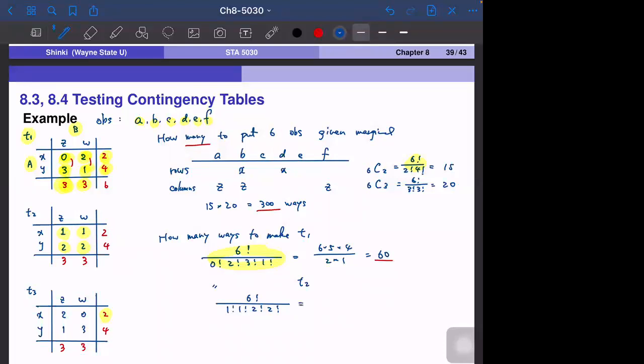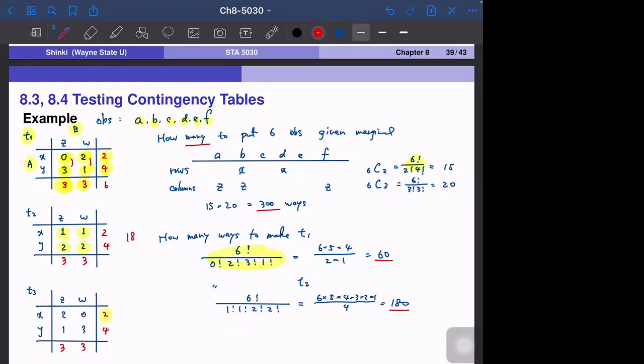So this is equal to 6 times 5, 4, and 3 times 1, divided by 4. So this is 180. So we have 180 ways. So this is the more plausible table. So this is 180, this is 60.